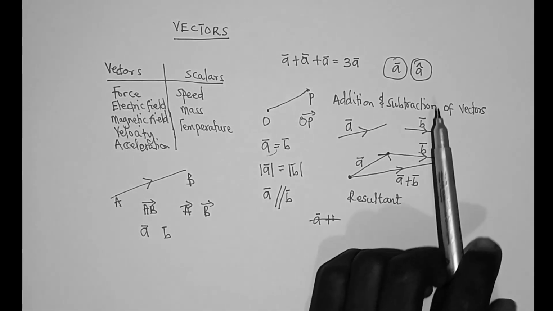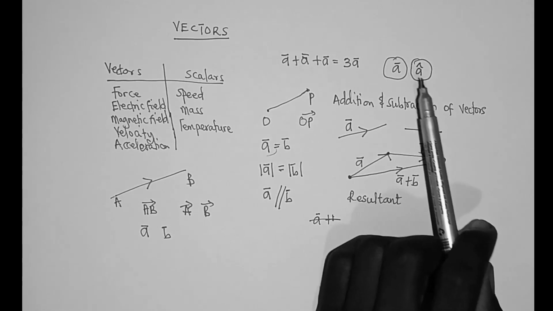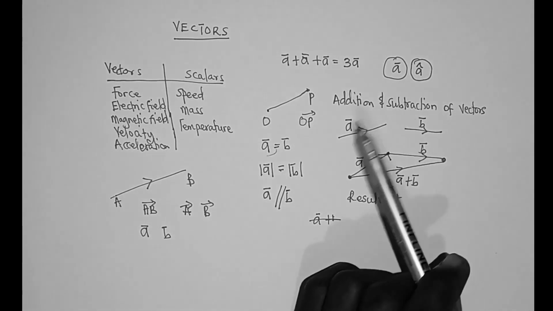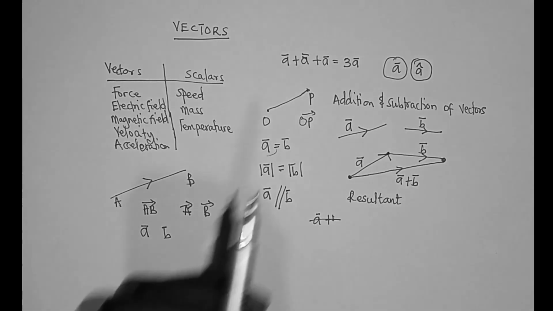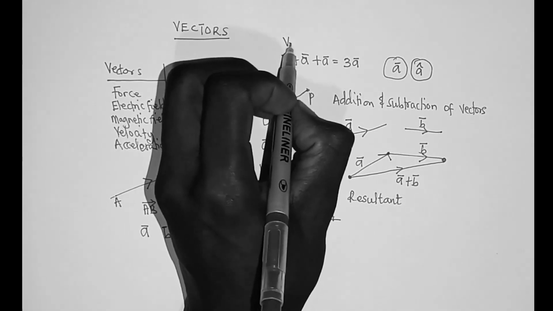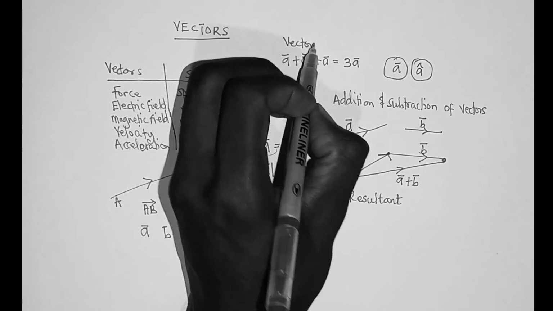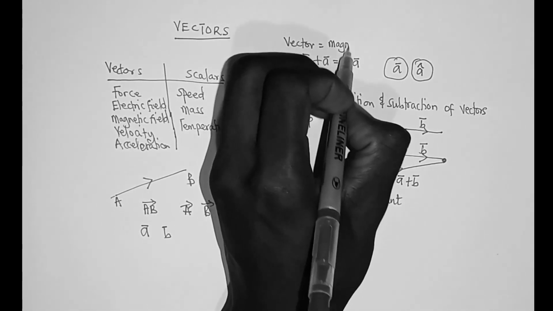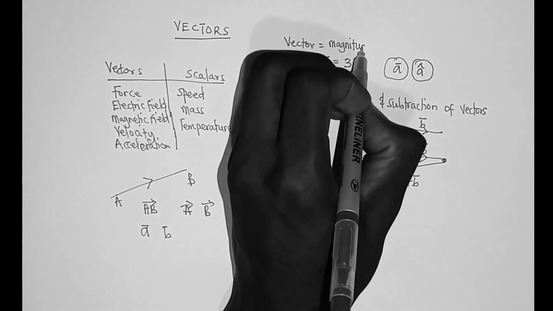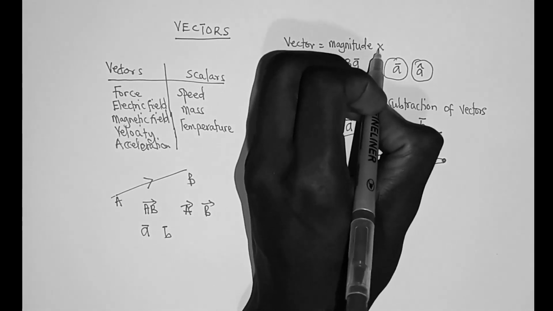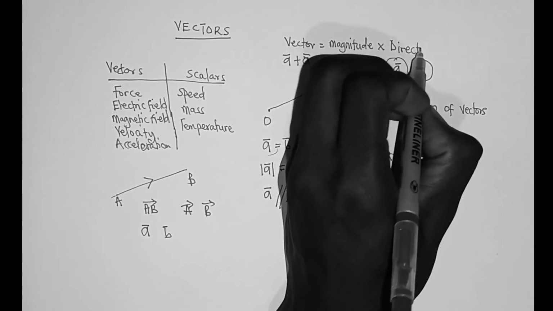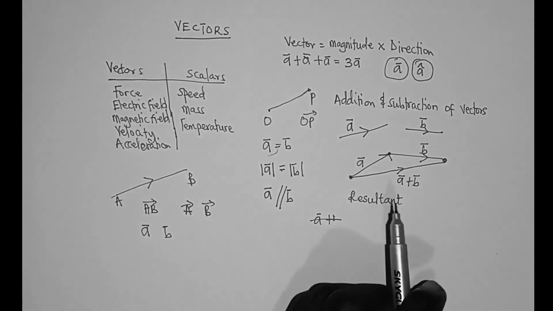Remember the definition of vectors that we gave. We said a vector is a quantity that has both magnitude and direction. And therefore, by rule of thumb, you find a vector as vector equals the magnitude of the vector times the direction of the vector.